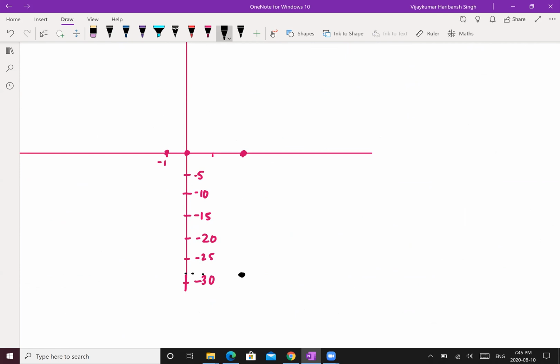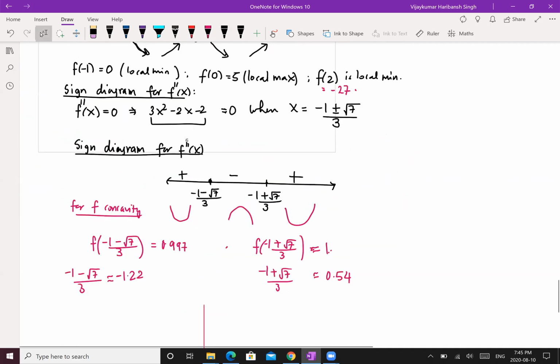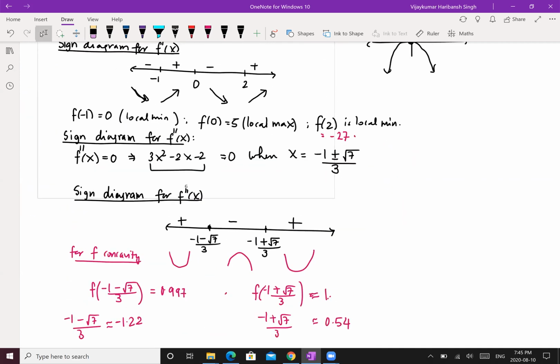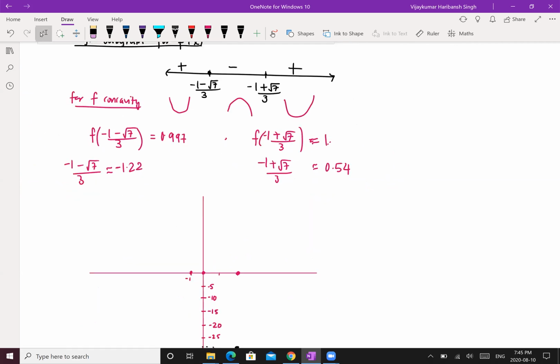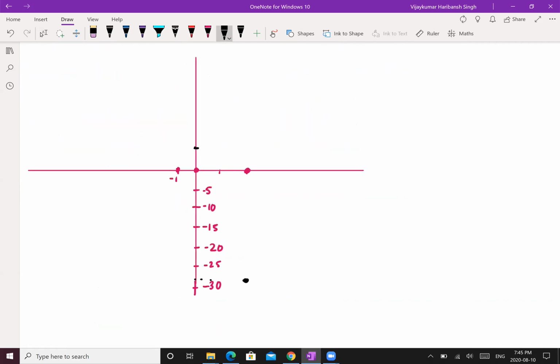Now, what are the other pieces of information we have? We have f of 0 is 5, which is a local maximum. Now f of minus 1 is also a local minimum.